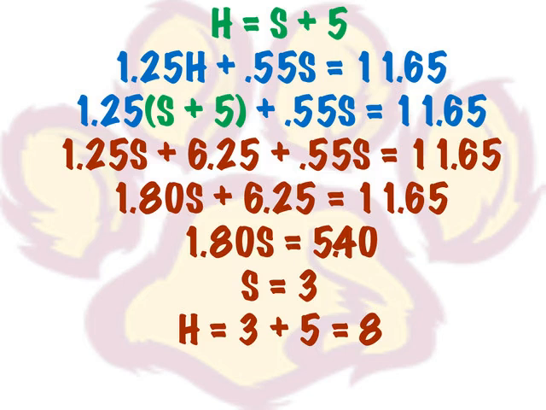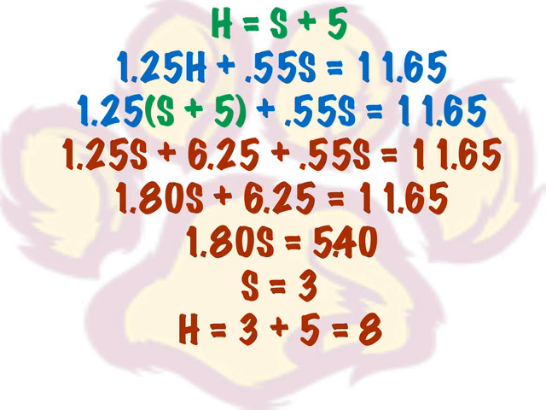When we solve, the first thing we have to do is distribute that $1.25 through the parentheses. So we'll have $1.25 S plus 6.25 plus 55 cents S equals $11.65. Now we just continue solving.